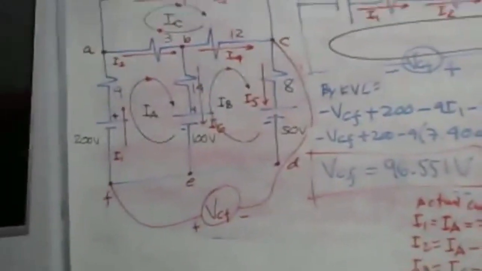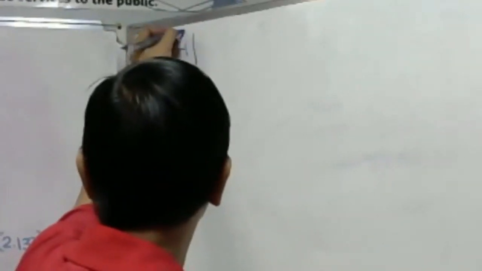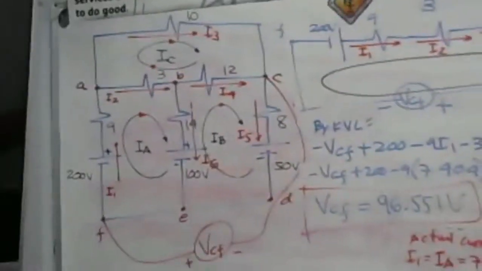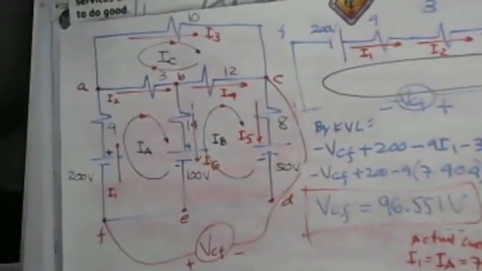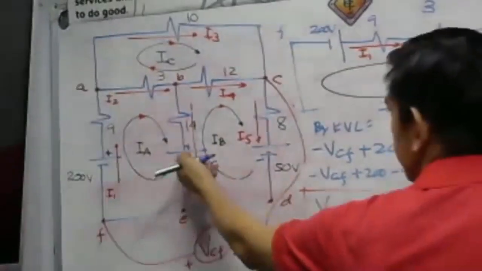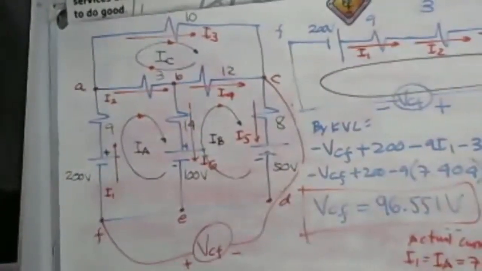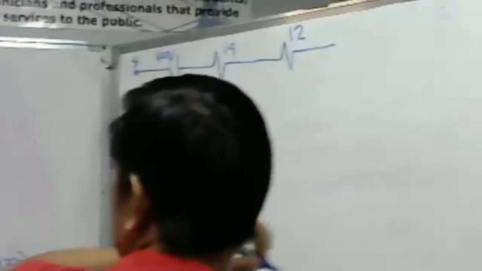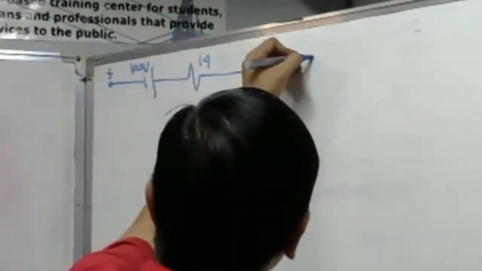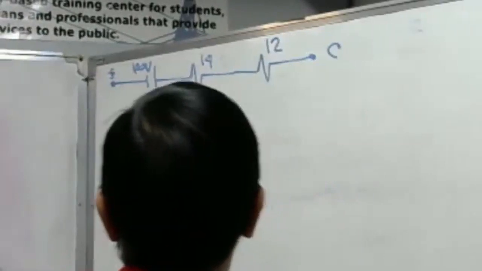Our point F is connected to negative of 100 volts. It's connected to a 14 ohm resistor, and then the 14 ohm is connected to the 12 ohm resistor. And the 12 ohm is connected to point C here.